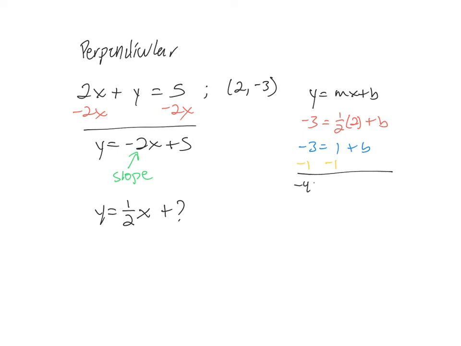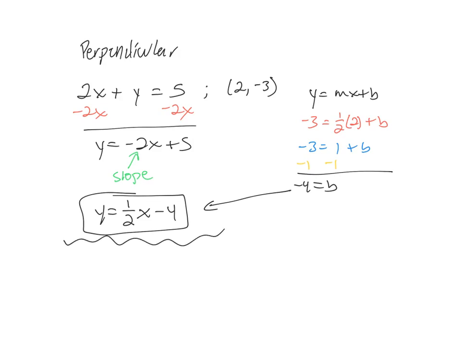Subtract the 1. So -4 goes over there. So really the process is the same. It's just you got to do the negative reciprocal slope.